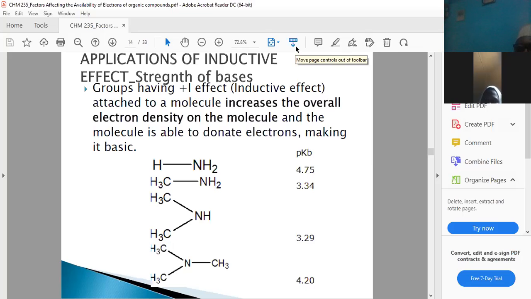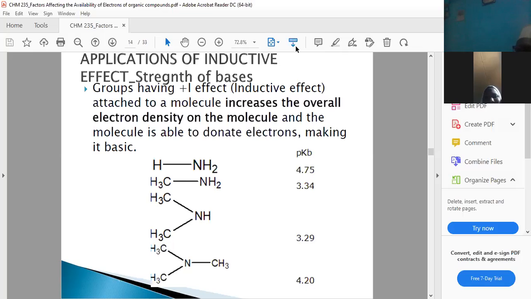Do you get the point? Yes, sir. Then dimethylamine has 2 methyl. Because of the 2 methyl, it's a stronger base than methylamine. Now, trimethylamine has 3 methyl. We expect it to be stronger than the one that has 2. Is that not so? Yes. But it is weaker.